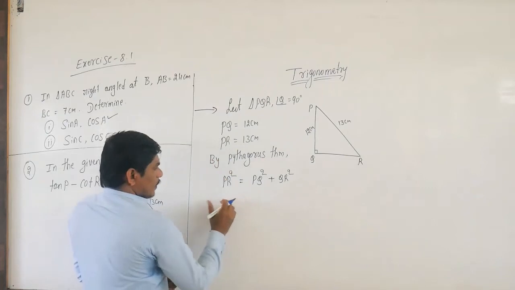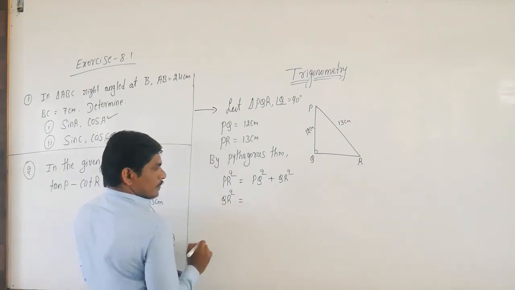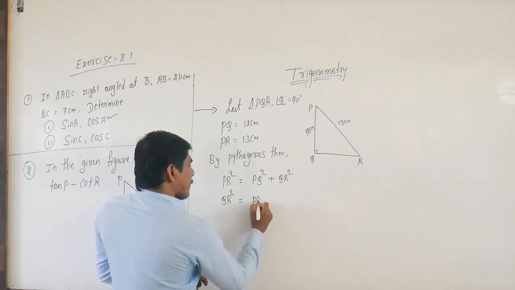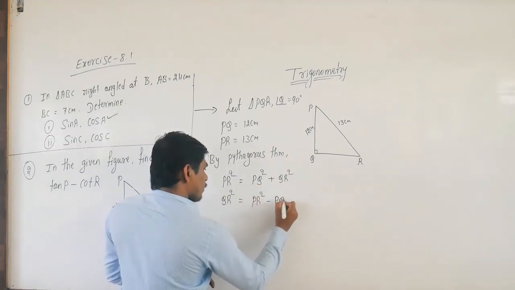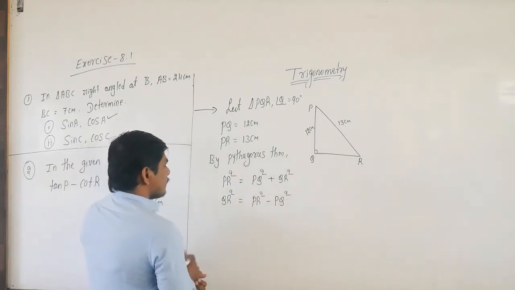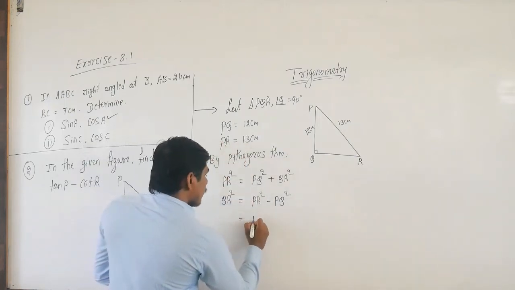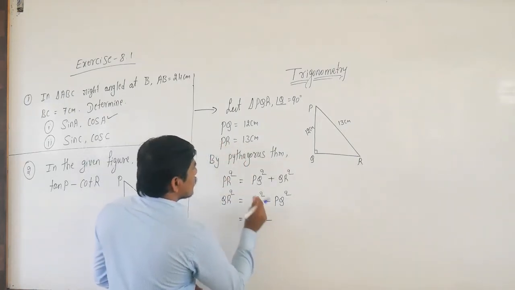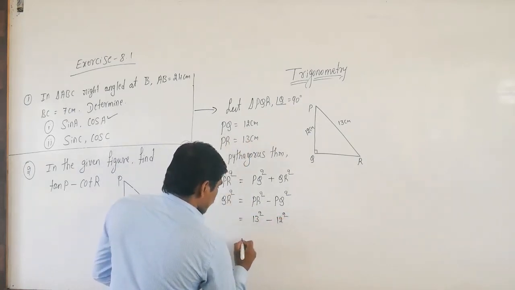That's why in terms of QR, you have to take the equation QR square is equal to PR square minus PQ square, taking this side PQ, minus sign is formed. PR length is equal to 13. You write it 13 square minus PQ length is 12, 12 square.